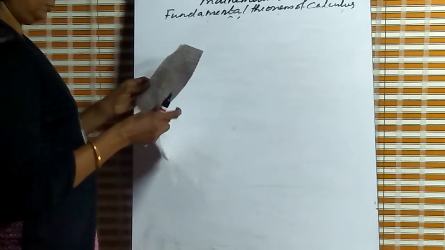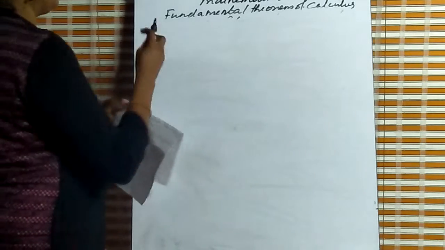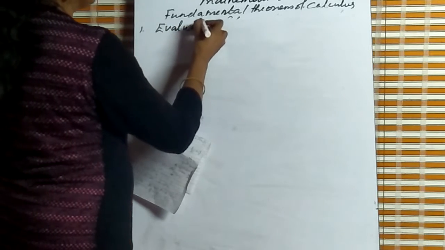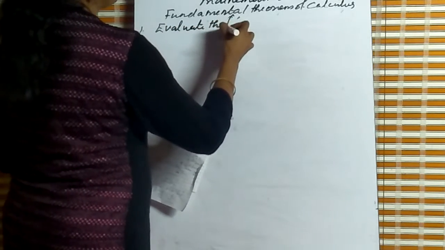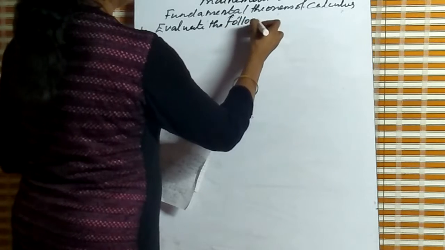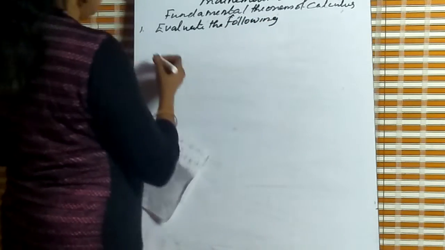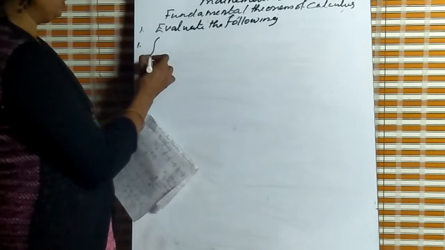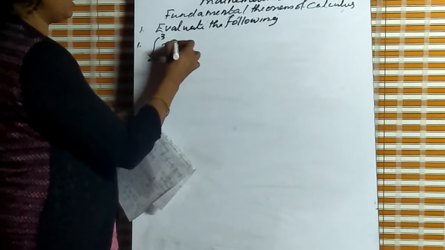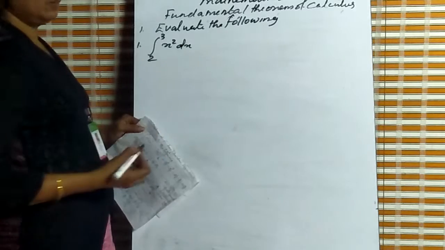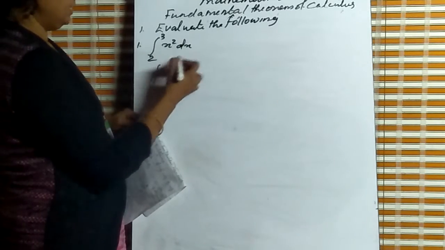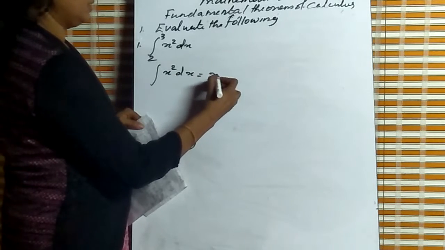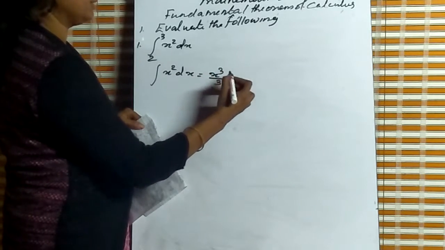Question 1. Evaluate the following. 1. Integral from 2 to 3 of x squared dx. First we find the integral of x squared dx, which is equal to x cubed by 3.